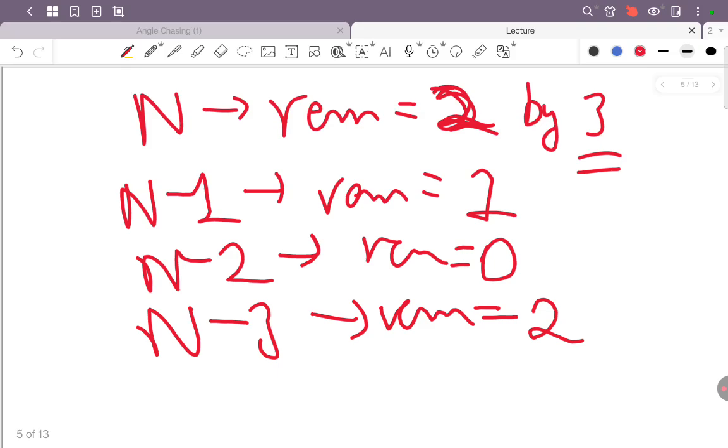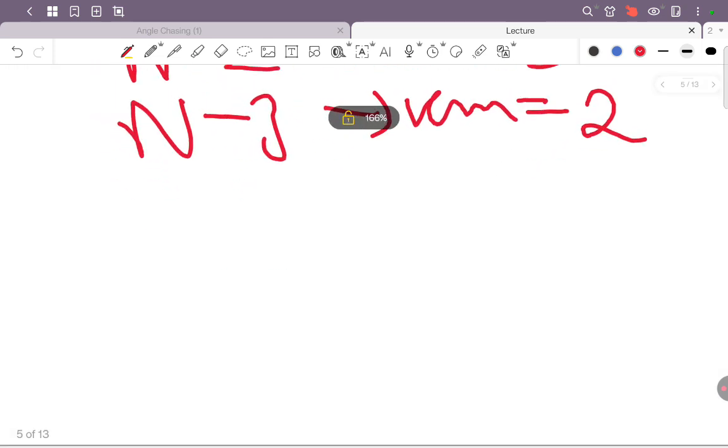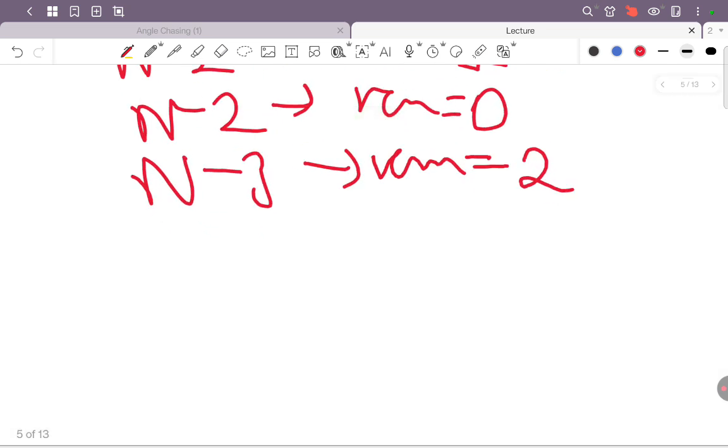N minus 3: now the remainder will become 2 again. How? You can take a simple example. Let's say 15 gives remainder 0. Let us take 17. Yeah, 17 gives remainder 2.